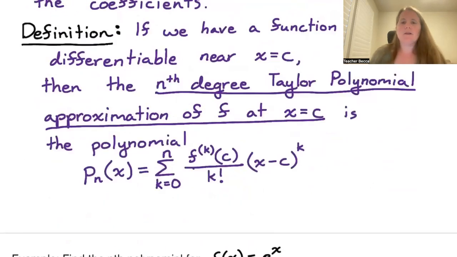We also have a Maclaurin polynomial. For the Maclaurin polynomial, c is equal to 0.